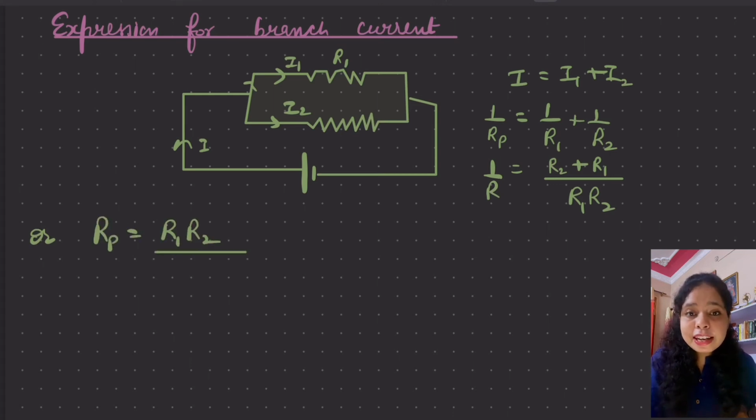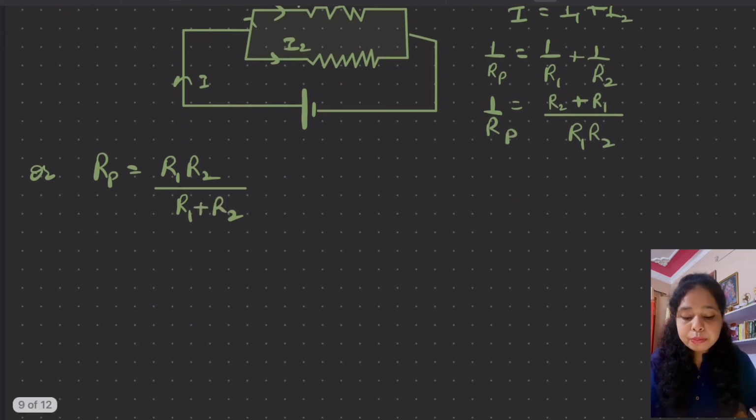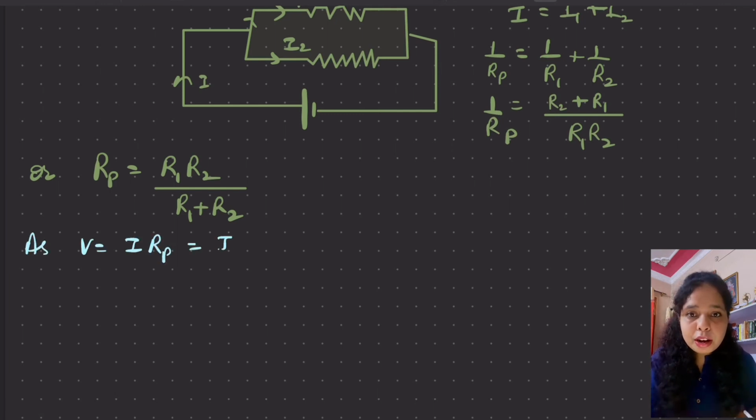I have just taken the reciprocal and rearranged R1 plus R2. So we know that V is equal to I Rp from the Ohm's law. So substituting the value of Rp, which we have recently calculated, that is V is equal to I R1 R2 upon R1 plus R2.